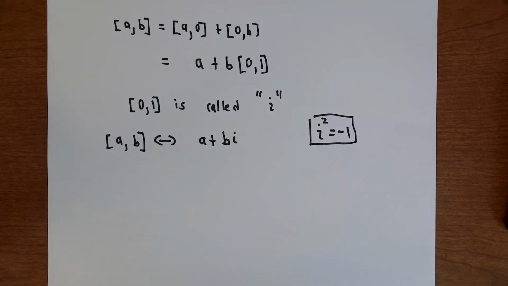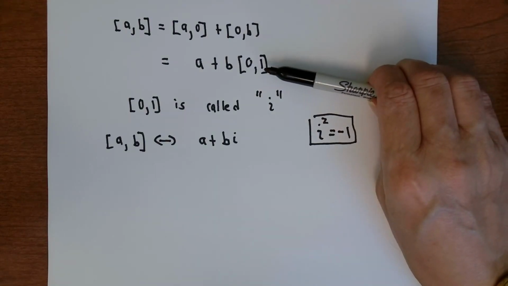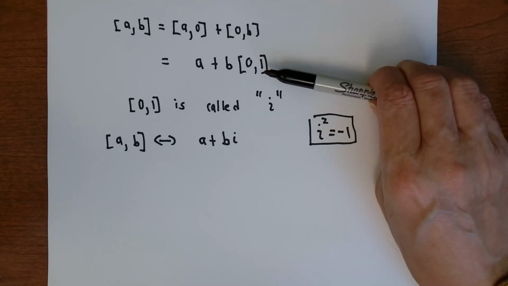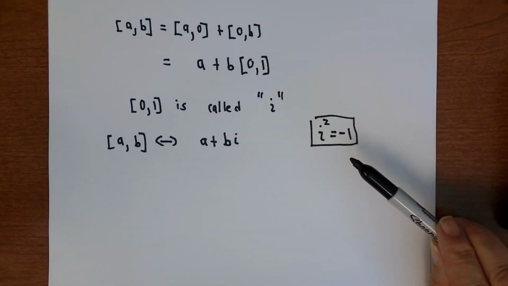So rather than actually write these as bracket a comma b bracket, I'm now going to write this as a plus bi, with the understanding that i is one of the members of this bracket set that is not a real number. i, we've already seen, has the special property that i squared is negative 1.